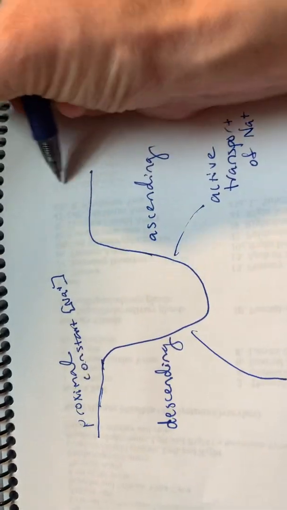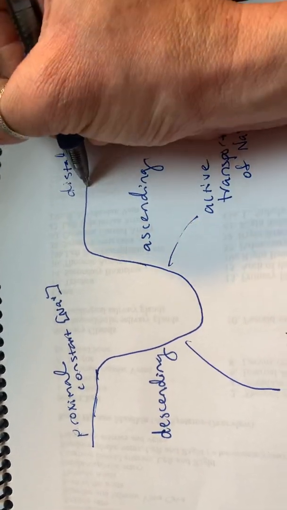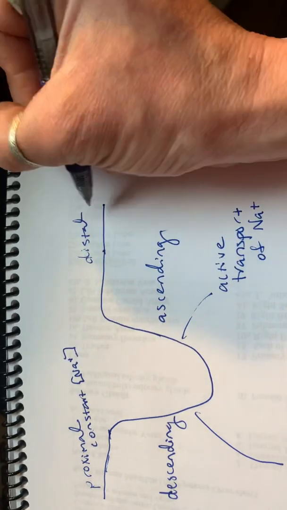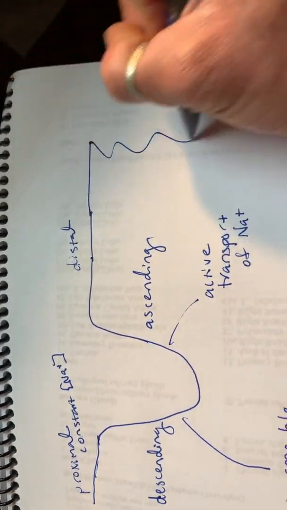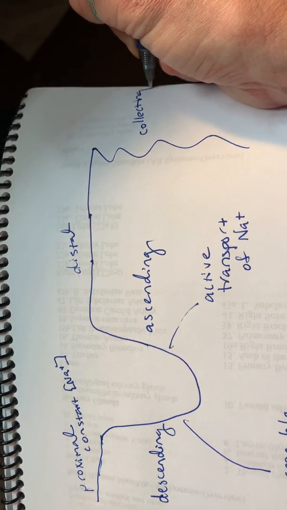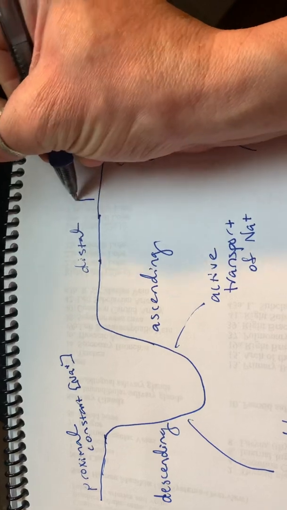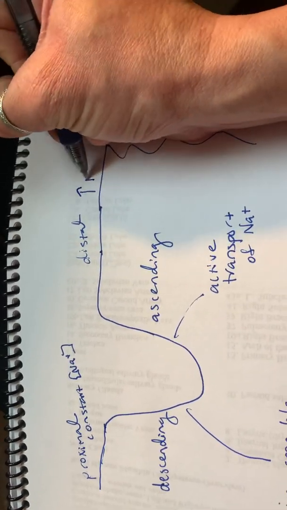And then in our distal tubule and the collecting tubule, we're going to see variable sodium reabsorption. So what that means is it's going to be reabsorbed only if we need it.